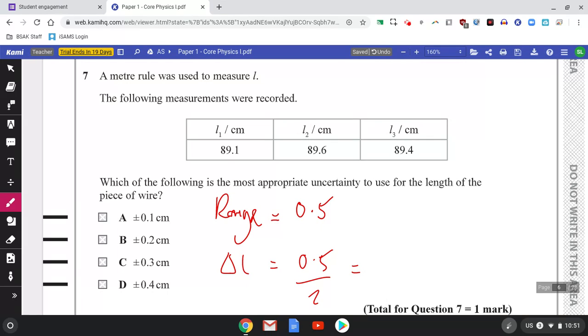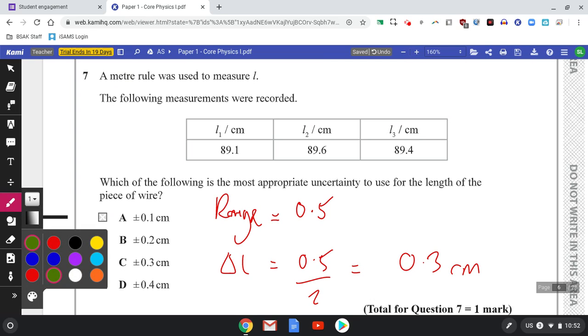So we have to round up to 0.3. With uncertainties, we always round up. So the uncertainty in L is 0.3 centimeters, which I believe is C.